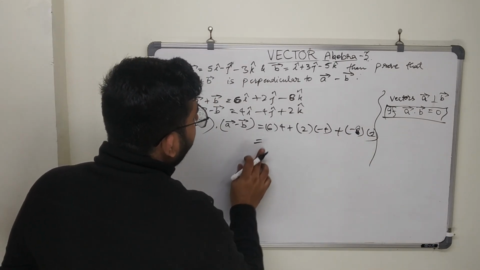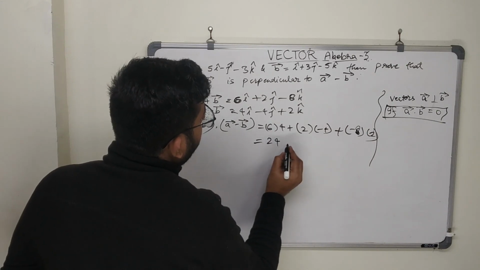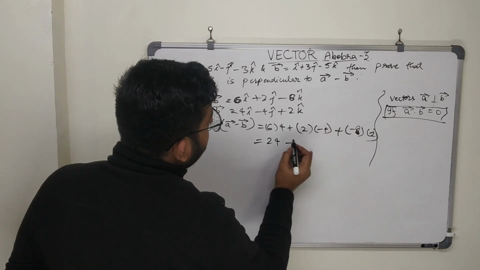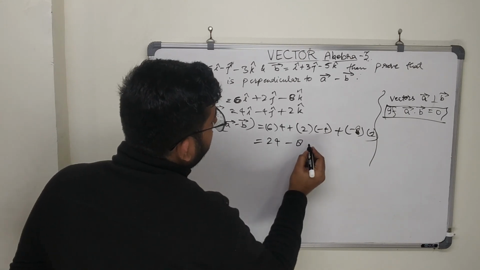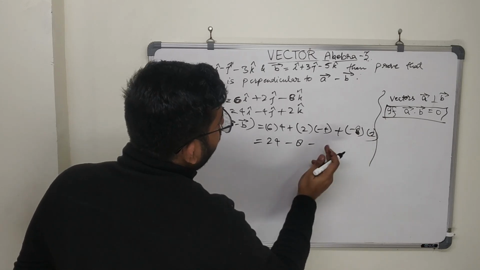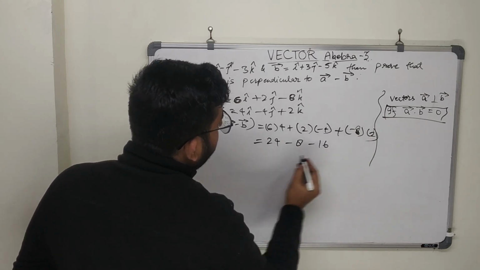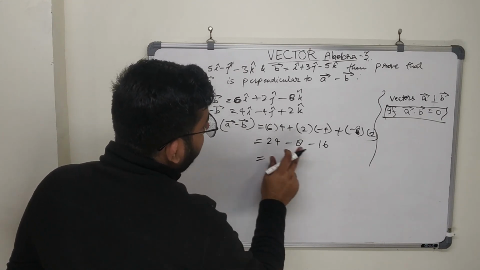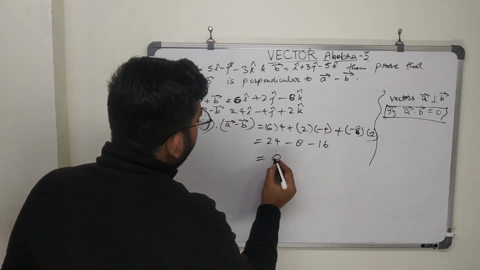So now simplifying, 6 into 4 is 24, plus 2 into minus 4 that is minus 8, plus minus 8 into 2 that is minus 16. Simplifying more, 24 minus 8 minus 16 will be equal to 0.